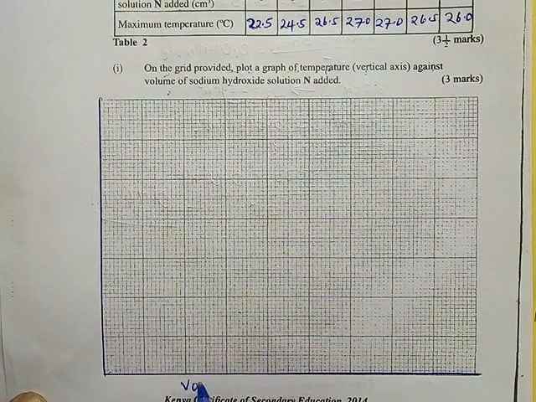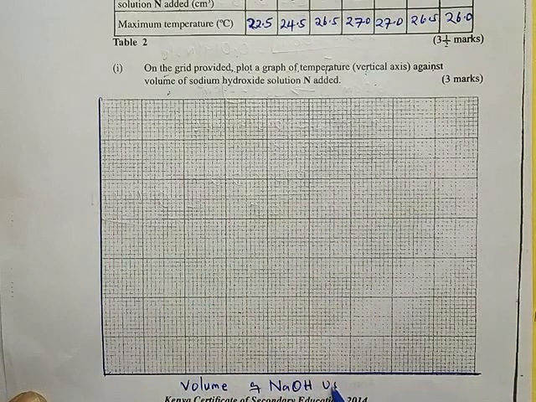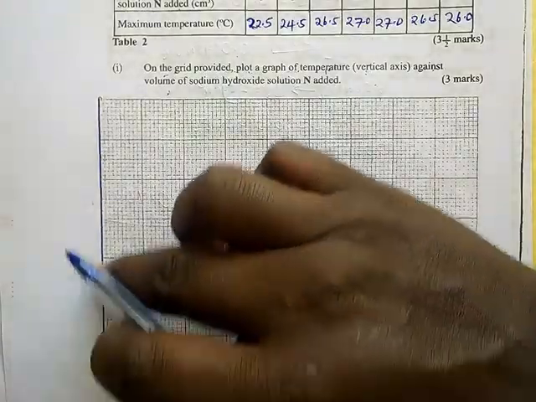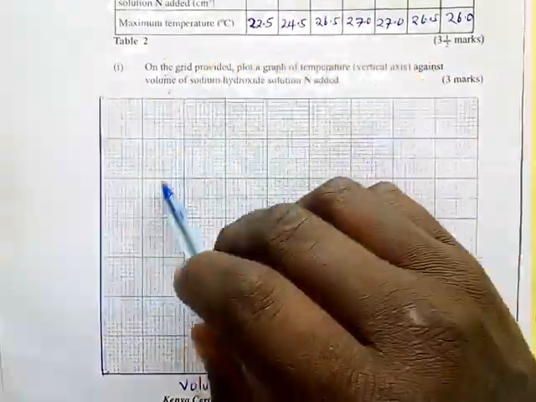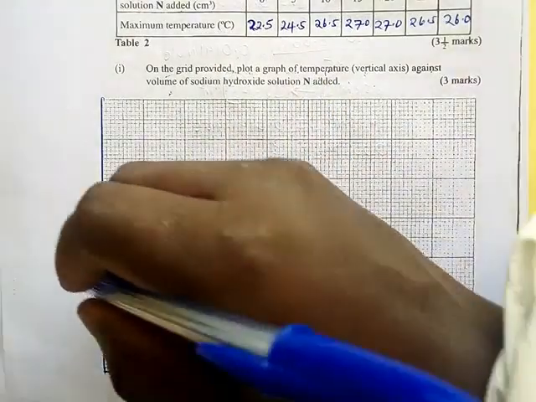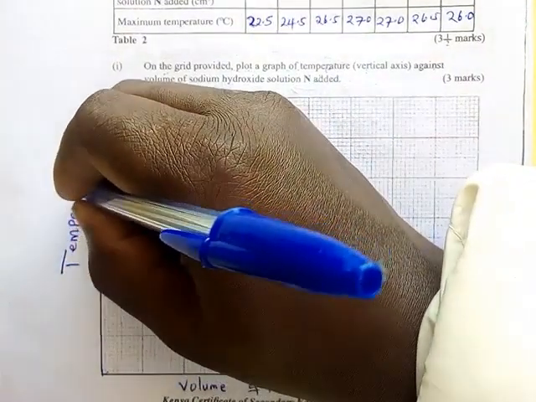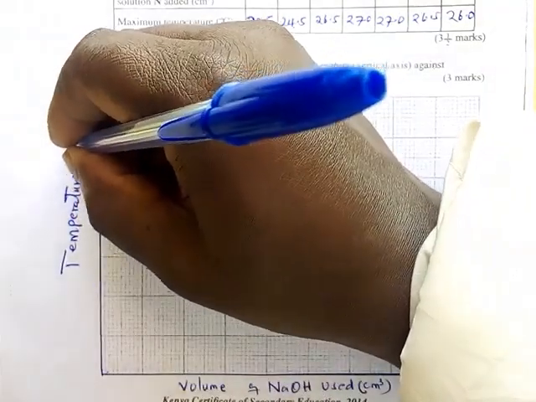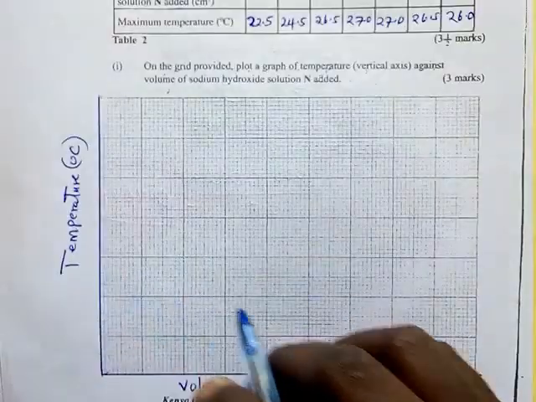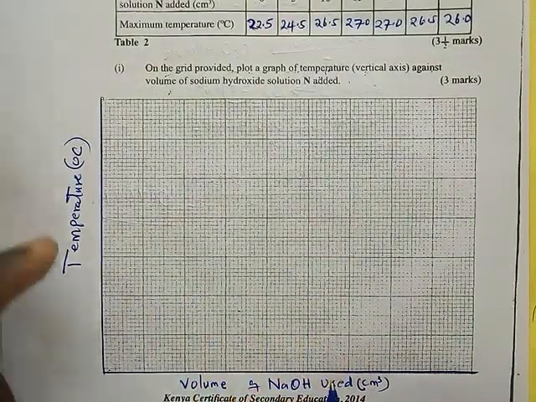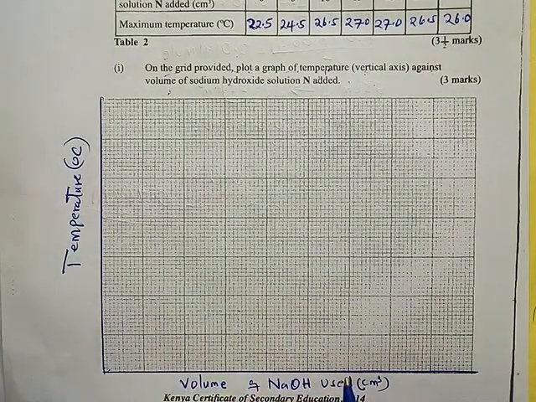So here we write volume of sodium hydroxide used. The volume is in centimeters cube. Here you write temperature because this is the temperature against. So here we write temperature in degrees Celsius. So by doing that, you have scored a labeling mark.